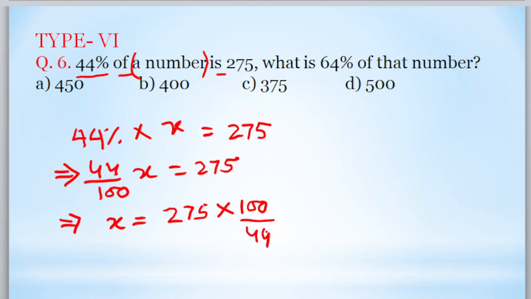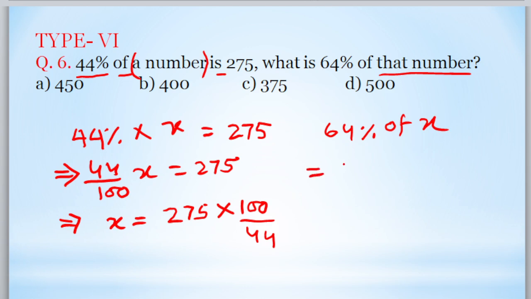That means x is equal to 275 into 100 by 44. Then, what is 64% of that number? That means 64% of x. That number, we are taking it as x.